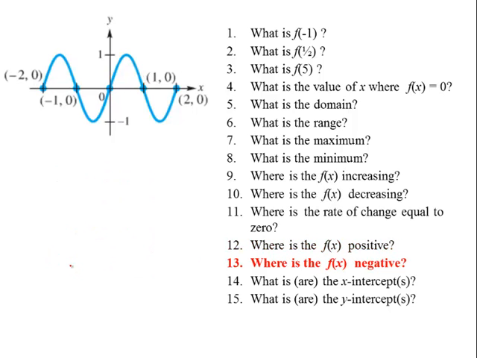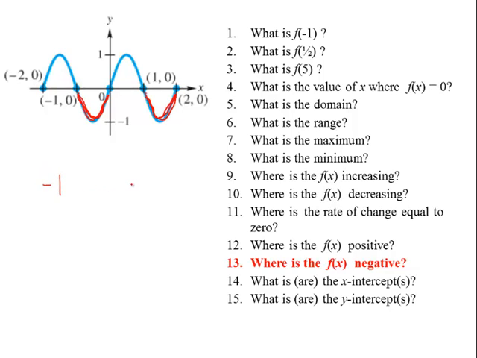Number 13, where is f of x negative? That's in quadrants 3 and 4. All these y values here are negative. So it's this hump and this one. So there's 2.